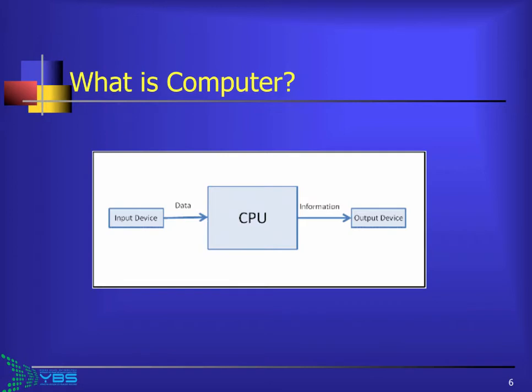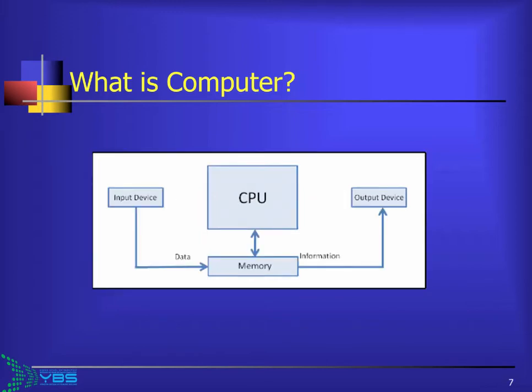As you see on the picture, on the left side, the data is inserted using an input device. The central processing unit converts data to the information part. The information is put on the output device on the right side of the picture. As you see, a storage device is a device for storing data and information.